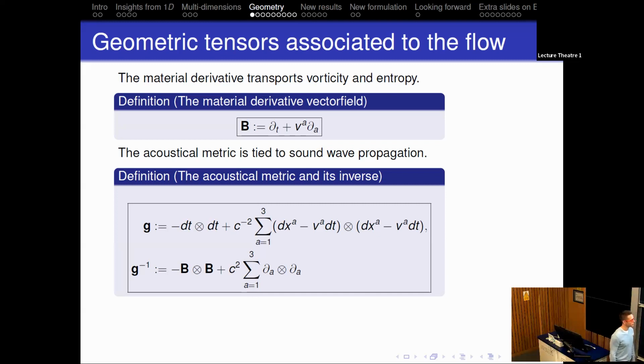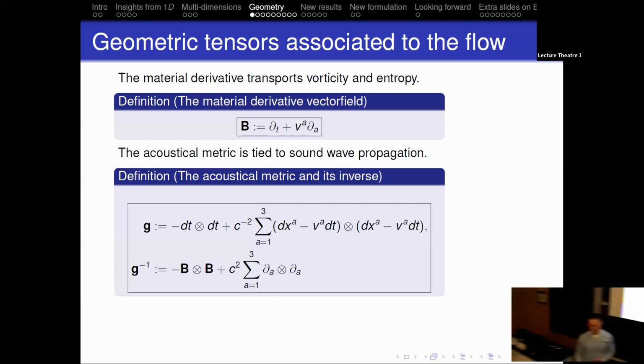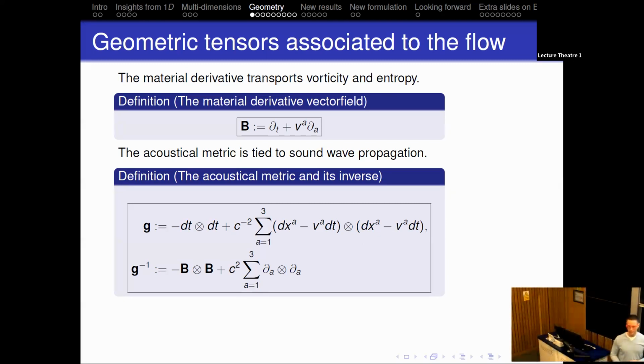This is the correct metric that governs the true nonlinear propagation of sound waves. So how do you find this metric? At the most basic level, if you take the compressible Euler equations, go to the irrotational class, and linearize the equations, looking for sound waves inside fluid flow, you will find this metric.